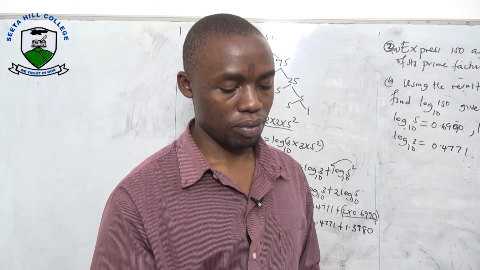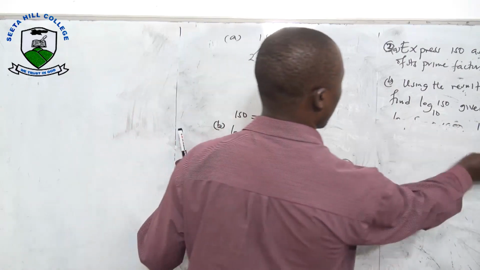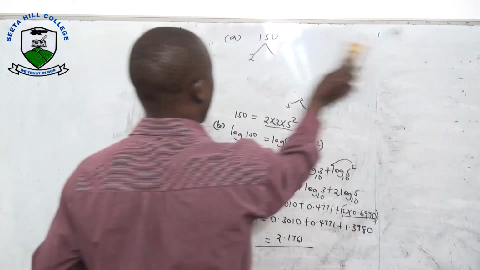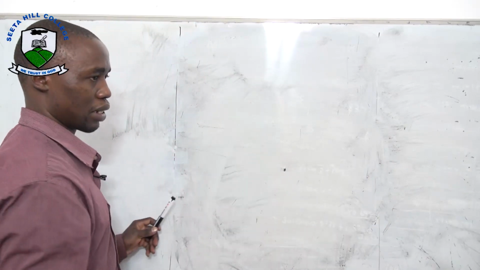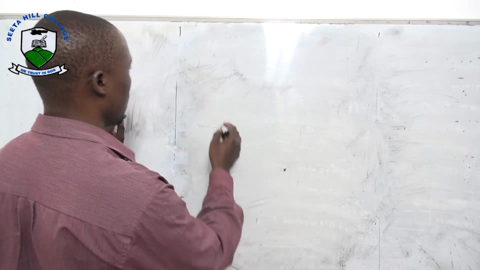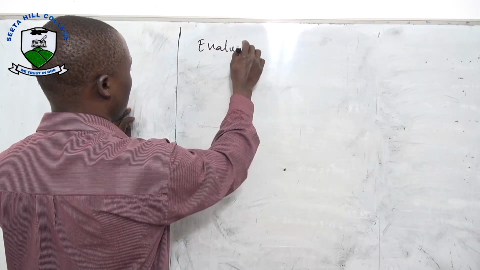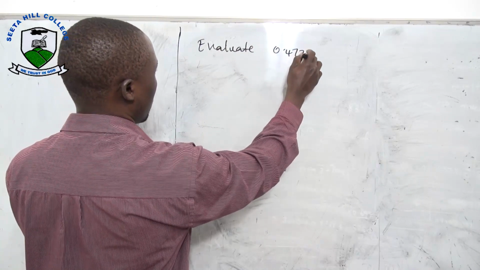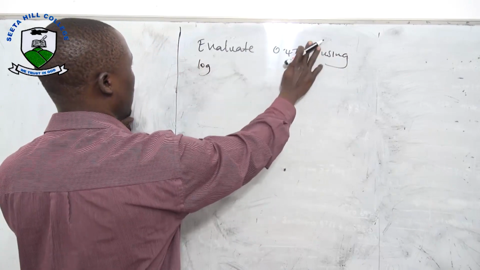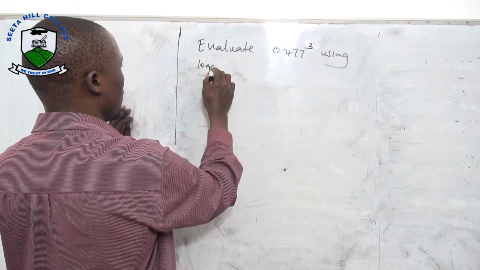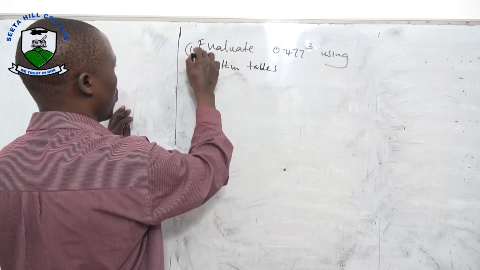Now let me first receive 2 of you to handle this, and you go and relax. Evaluate 0.477 squared, in fact let's make it cubed, using logarithm tables. That's number 1.